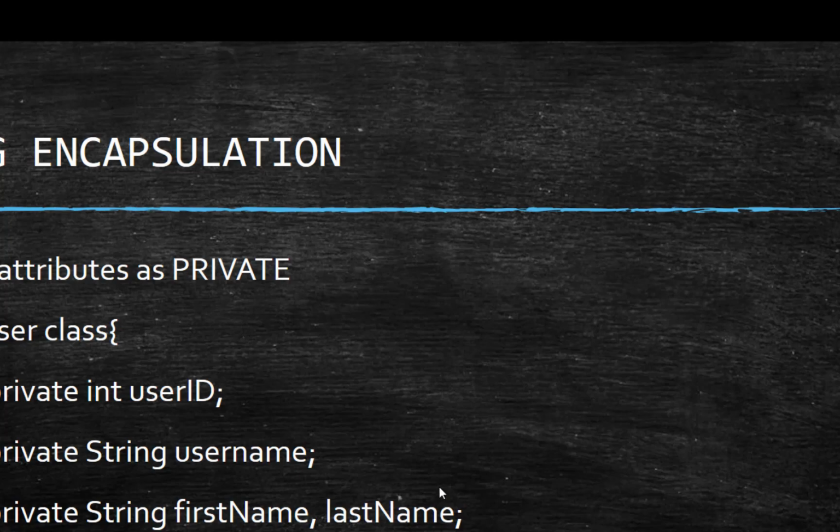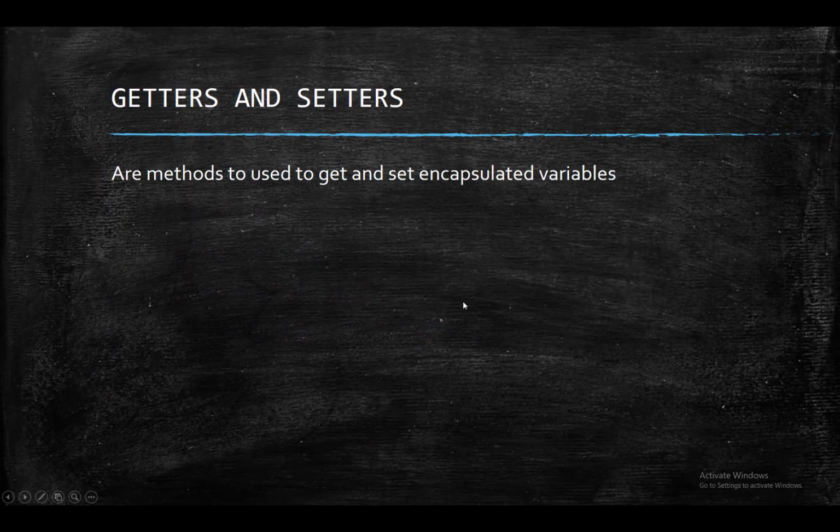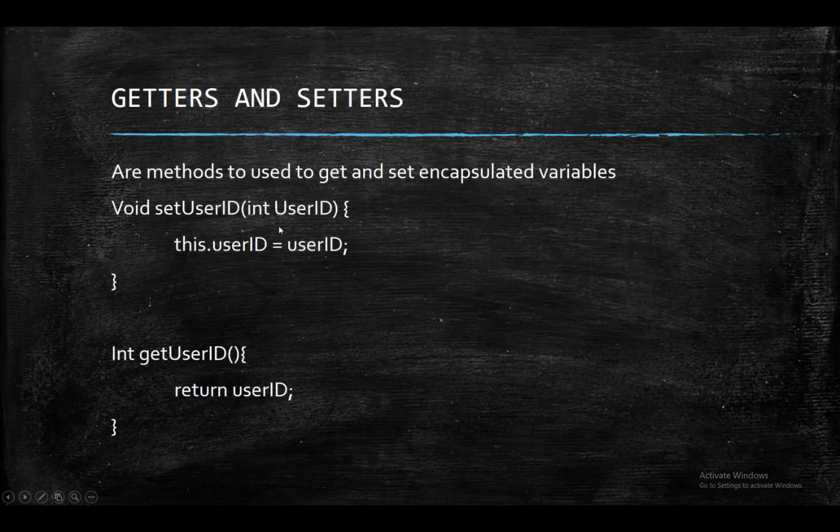According to this, what are setters and getters? These are the methods used to get and set encapsulated variables. To access encapsulated variables, you have to use getters and setters.